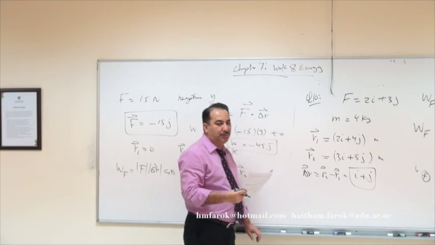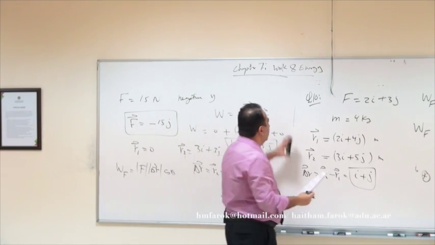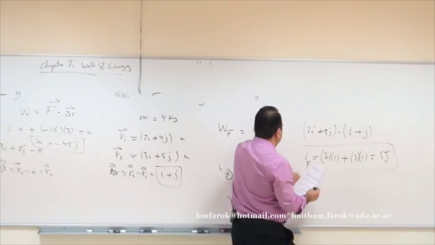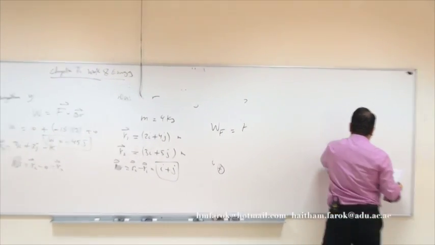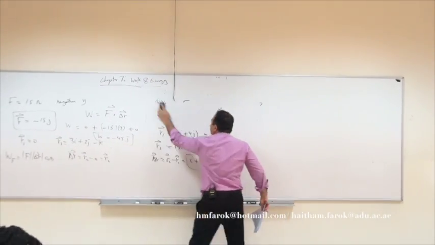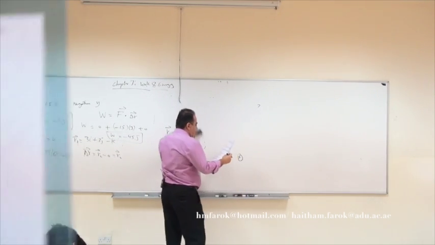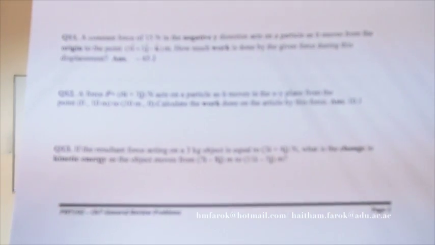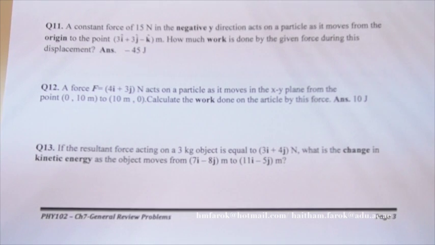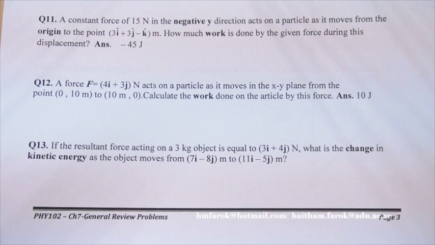Now, question 13. Question 13 says, if the resultant force acting on 3 kilogram object is equal to 3I plus 4J. So we have a force equal to 3I plus 4J.